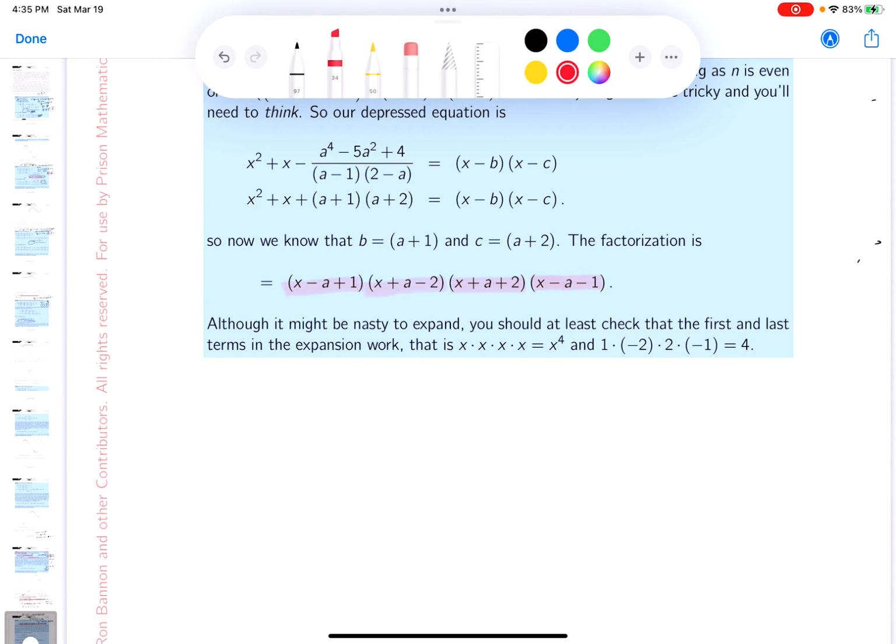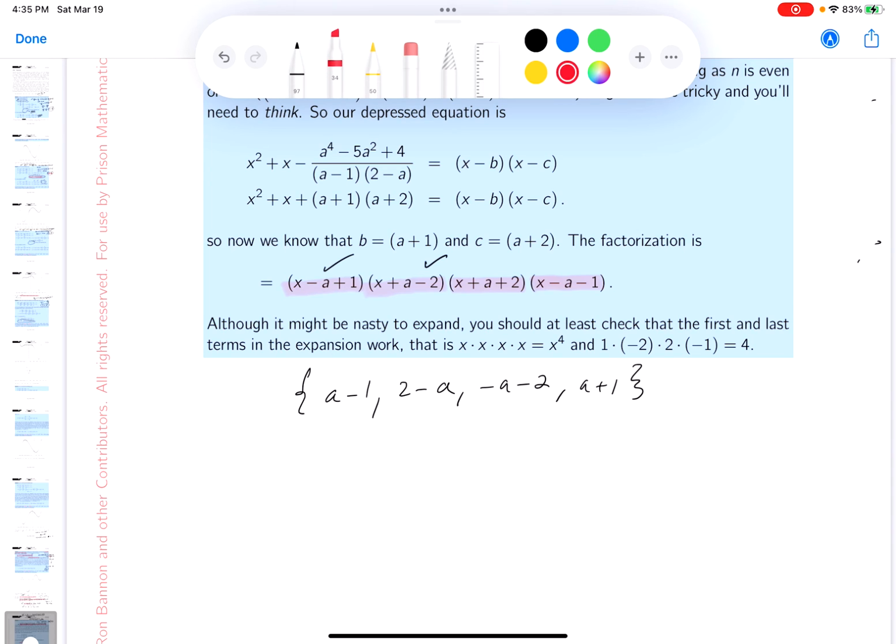What are the 4 roots? Let's write them down. a minus 1. That comes from here. What's the next one going to be? 2 minus a. What's the next one going to be? Minus a minus 2. What's the next one going to be? a plus 1. So I got all 4 roots, all right?